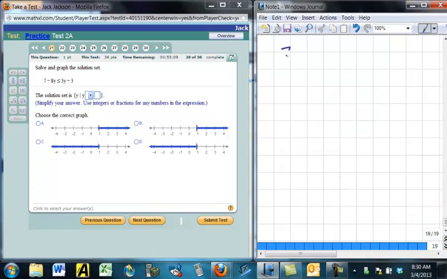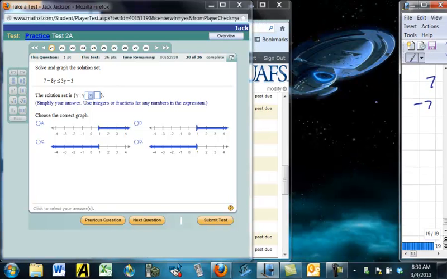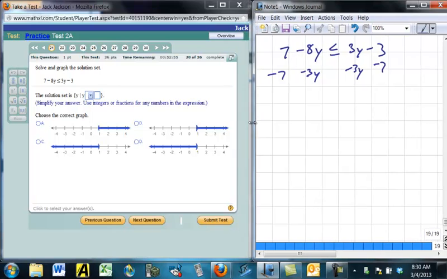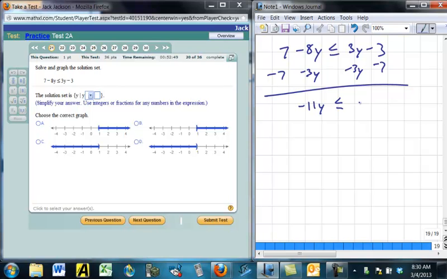Okay, similar, 7 minus 8y less than or equal to 3y minus 3. Same kind of question. Add negative 3y to both sides and add negative 7 to both sides. And that gives us negative 11y less than or equal to negative 10. So y is less than or equal to 10/11.